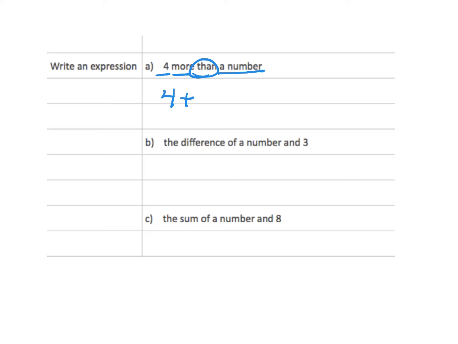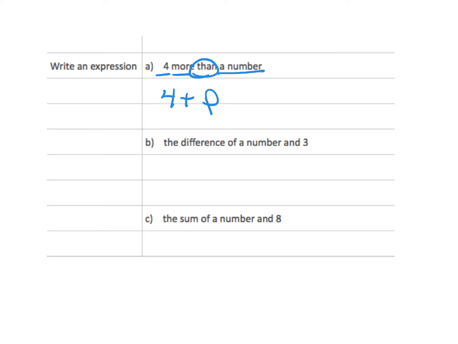And anytime it says a number, you can use any variable you want. So I'll use P. Unless it specifies what the variable is, I don't care what letter it is. You don't need to ask if 4 plus N is correct or 4 plus 0 or 4 plus Z is correct. I don't care what the letter is unless it is specified.